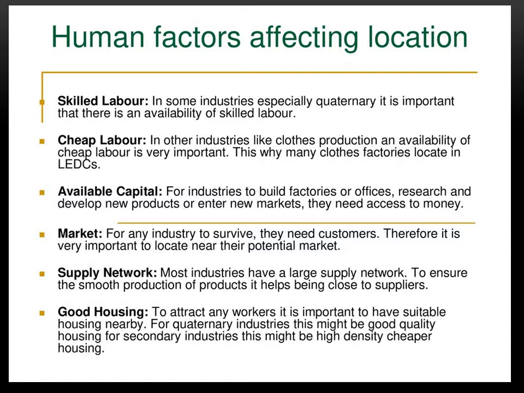Most industries have a large supply network to ensure the smooth production of products. It helps being close to suppliers. And good housing, this is very important for the workers. To attract any workers, it is important to have suitable housing nearby. For quaternary industries, this might be good quality housing. For secondary industries, this might be high density, cheaper housing.